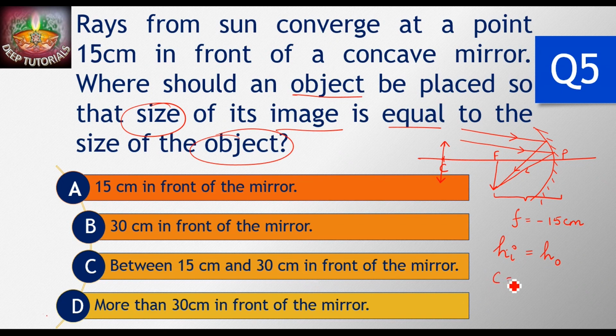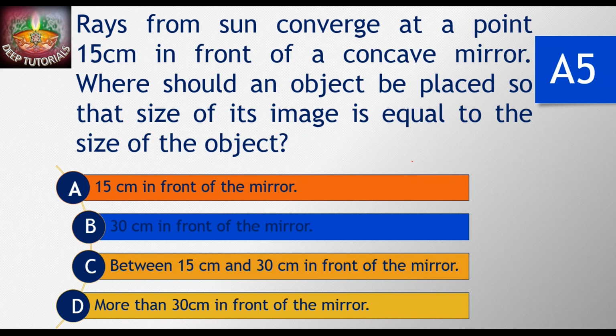Also, C is twice the focal length. Therefore, the value of C will be equal to minus 30 centimeter. And what does this minus sign signify? It signifies in front of the mirror. So from here we conclude that the correct option is B. The object should be placed 30 centimeter in front of the mirror.